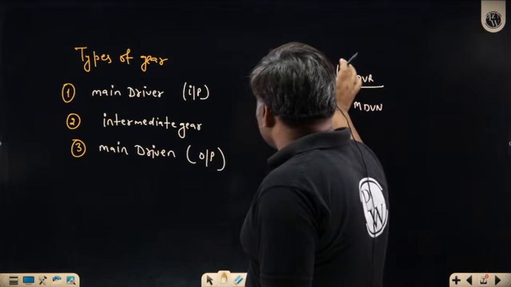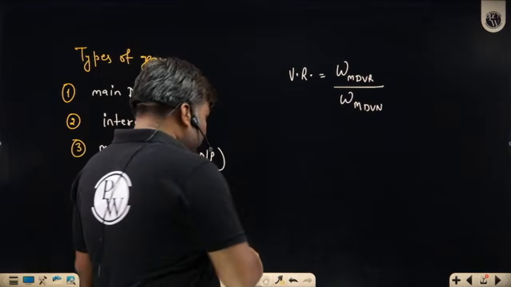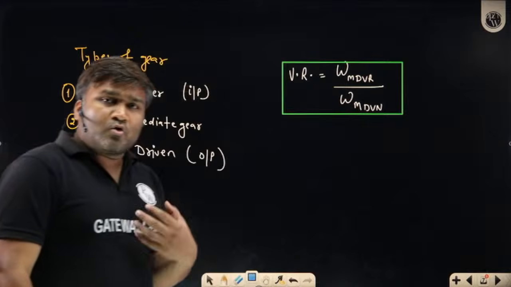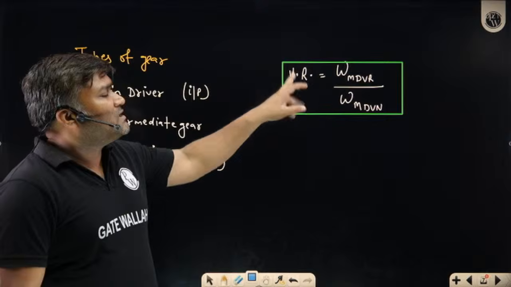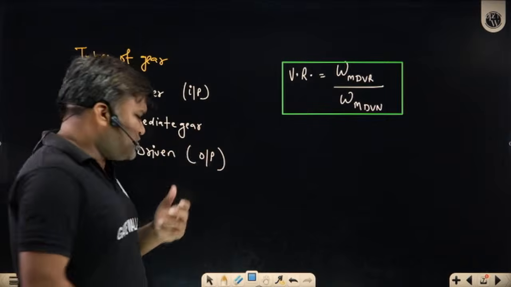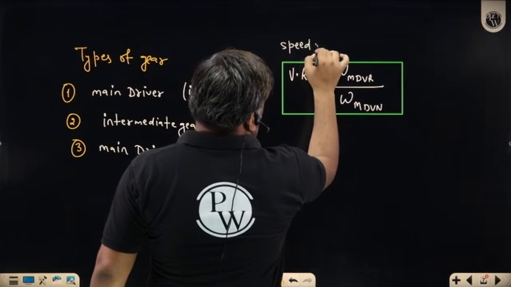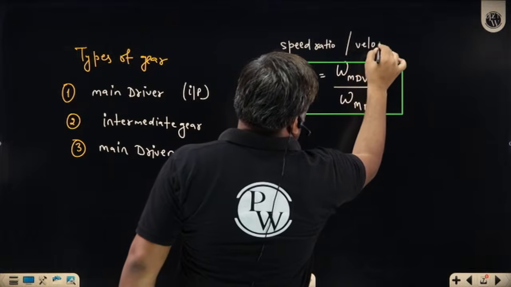Ratio of main driver to the main driven body ki velocities. This is called as velocity ratio. So how good, how effective is my gear train? I will check that with this parameter, velocity ratio, or you can also call it as speed ratio.